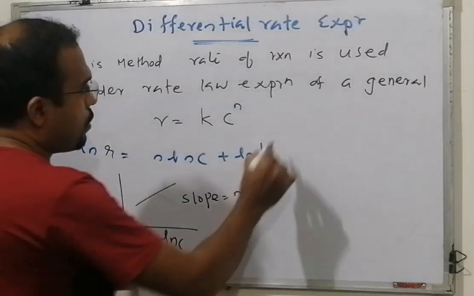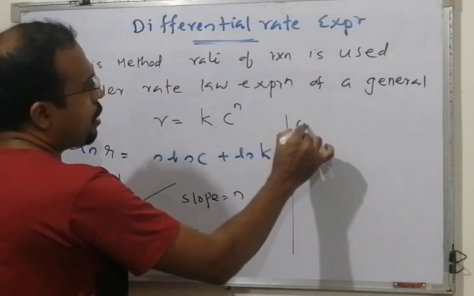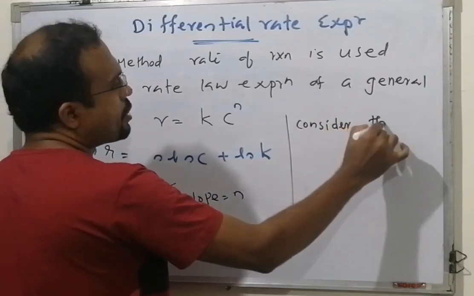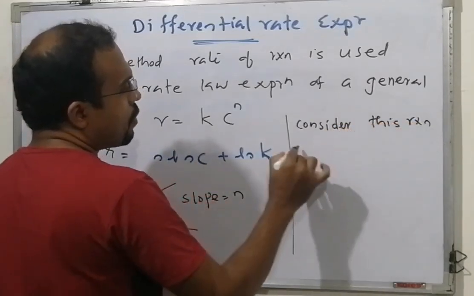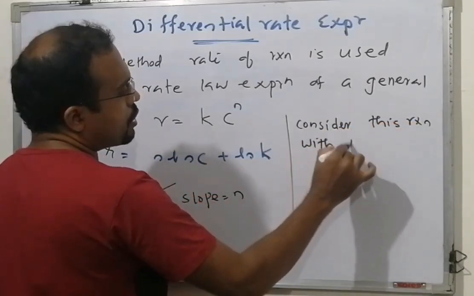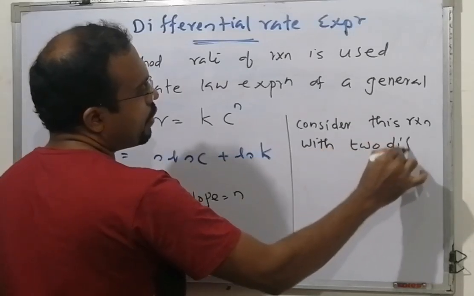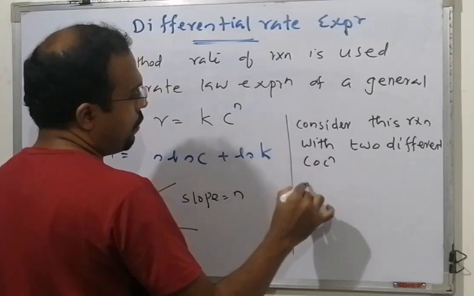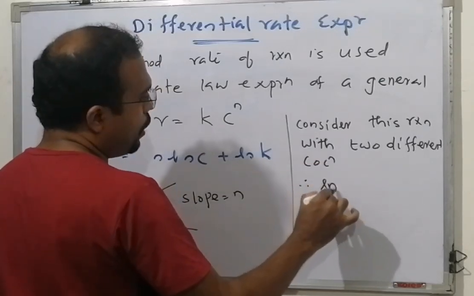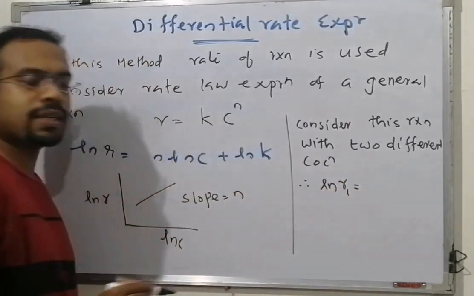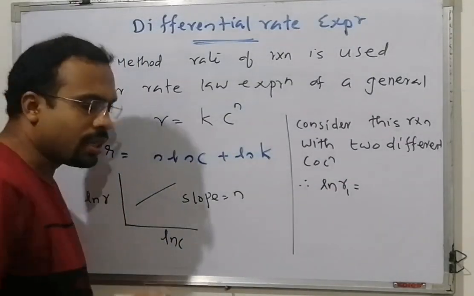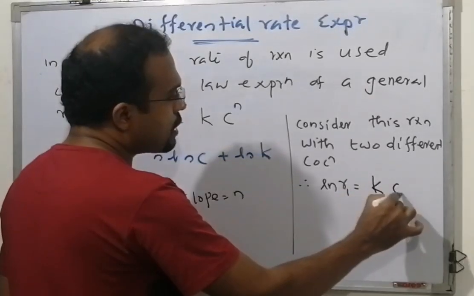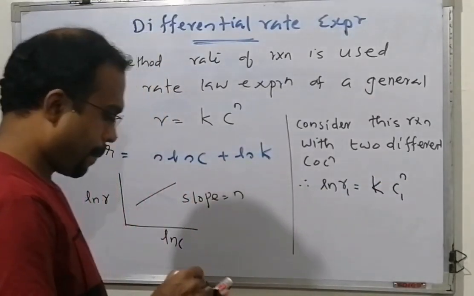In another way, consider this reaction with two different concentrations. When concentration changes, the rate will change. Therefore, you get R1 equal to K C1 raised to n.